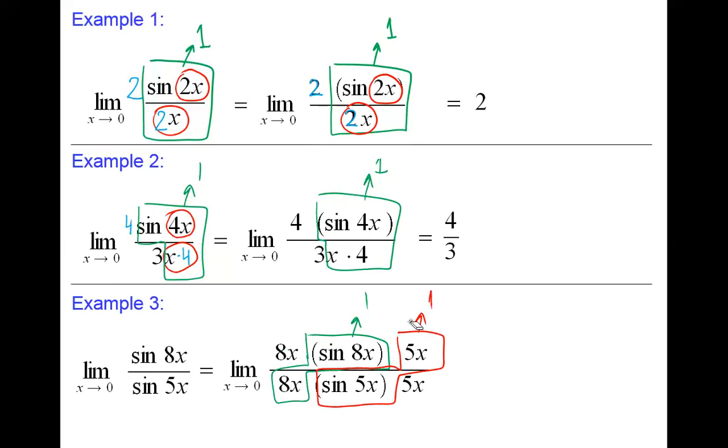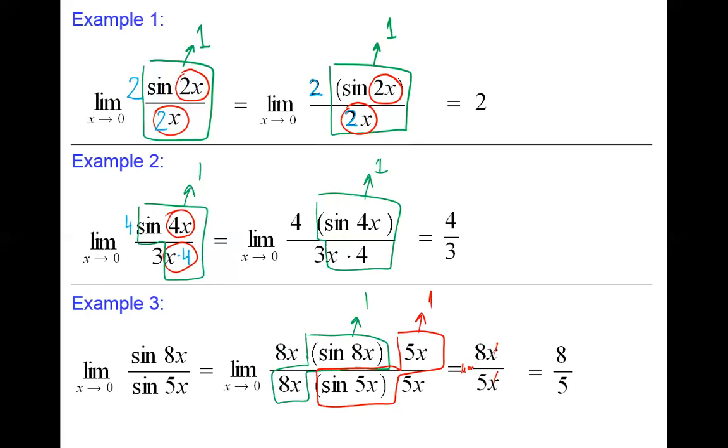We can see the green loop and the blue loop are my property: 8x, 8x, 5x, 5x. Then I am allowed to use the property, and this is 1. What stays outside? 8x over 5x, of course, is 8 over 5. The x is gone.